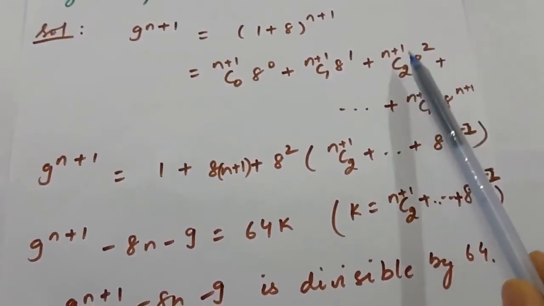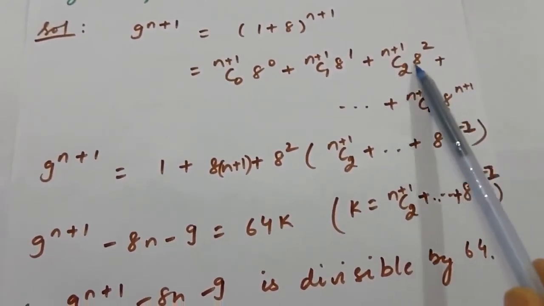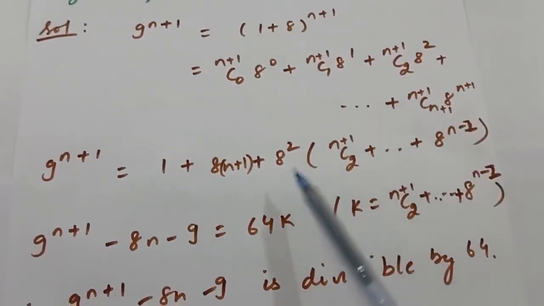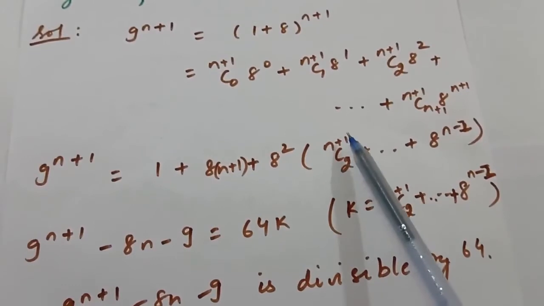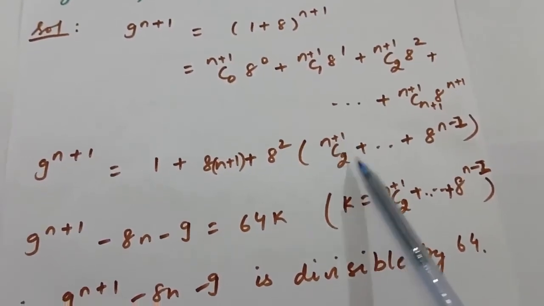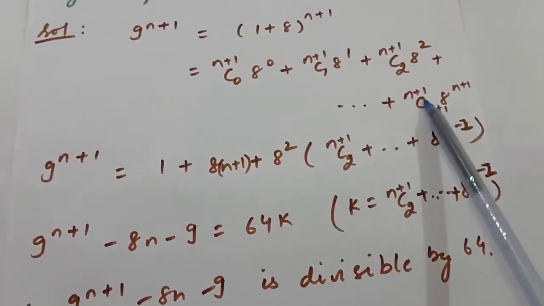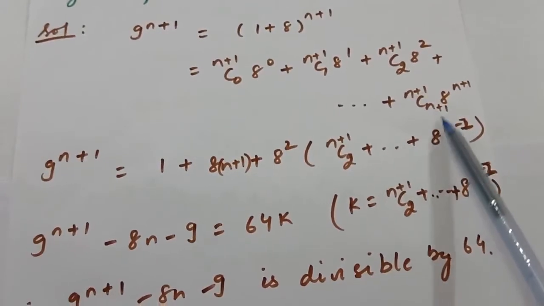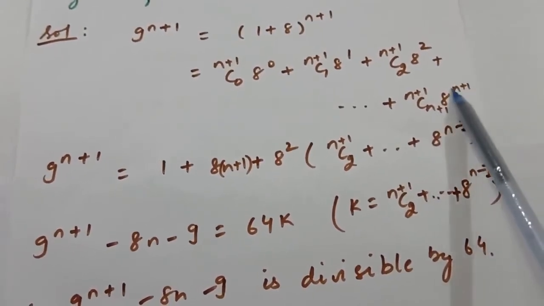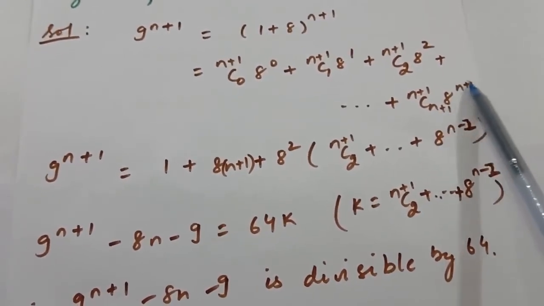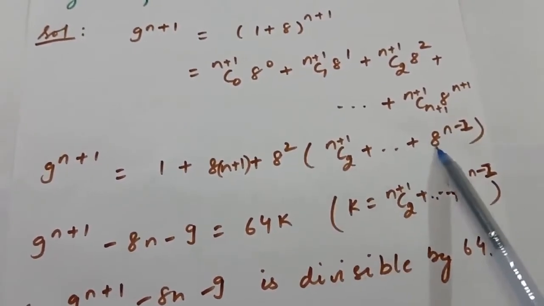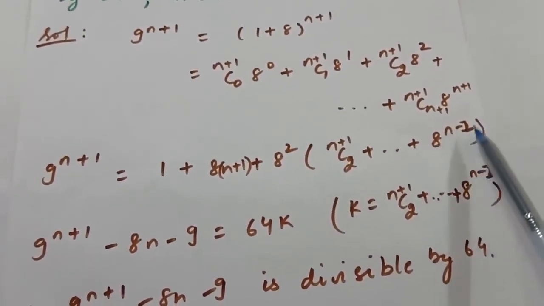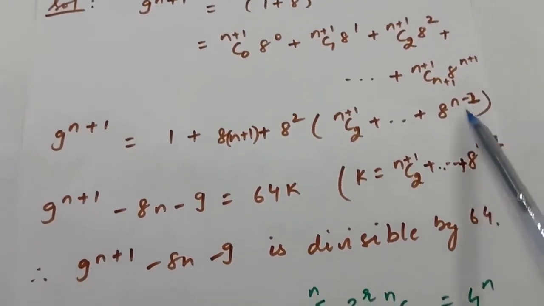So from the third term to the last term, we can take out 8 square common. So in the bracket, this is the left term n plus 1C2 plus and so on up to n plus 1C n plus 1 into 8 raised to the power n plus 1. We have taken 8 square common, so 8 raised to the power n minus 1 will be left here.